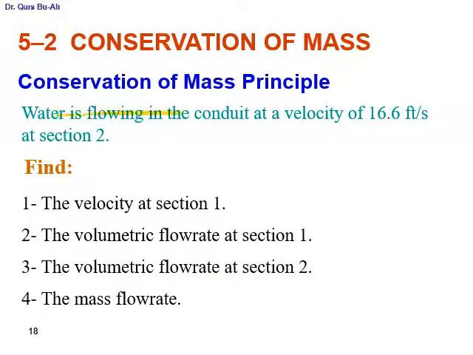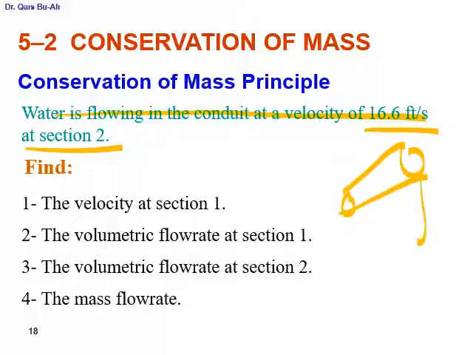Water is flowing in the conduit at a velocity of 16.6 feet per second at section 2. You are given the diameter here and the velocity here. He is asking for the velocity at section 1, the volumetric flow rate at section 1, the volumetric flow rate at section 2, and the mass flow rate.